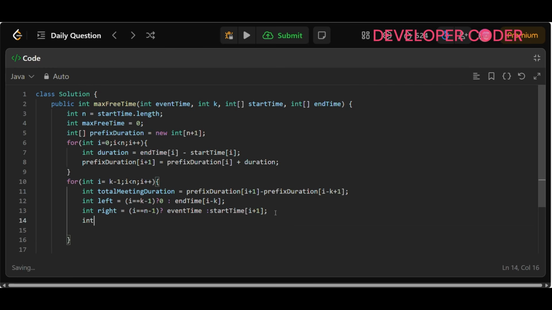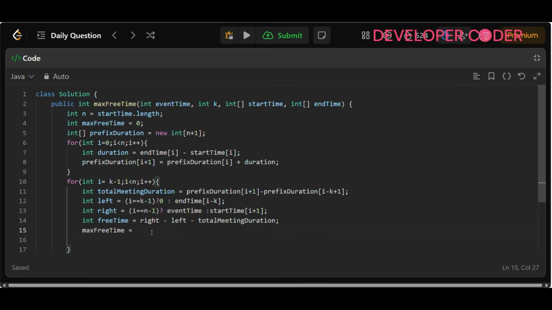After that, free time, how are you going to calculate? Int free time, it's nothing but your right minus left. And now you have to subtract the total meetings duration. So just copy this, paste it here. That's it. And now we have to update the max free time. We have to check for all the k adjacent meetings, right?